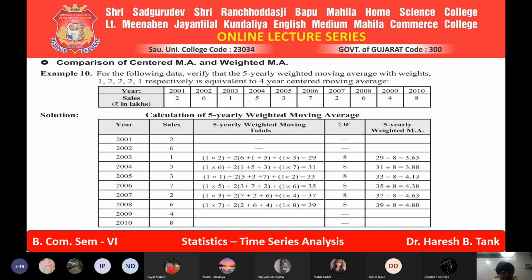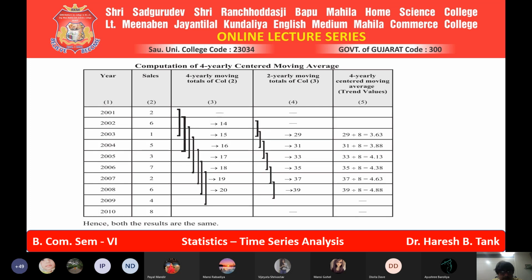The title of that column would be 4-yearly moving total, which is 14. Complete it. Yes, sir.